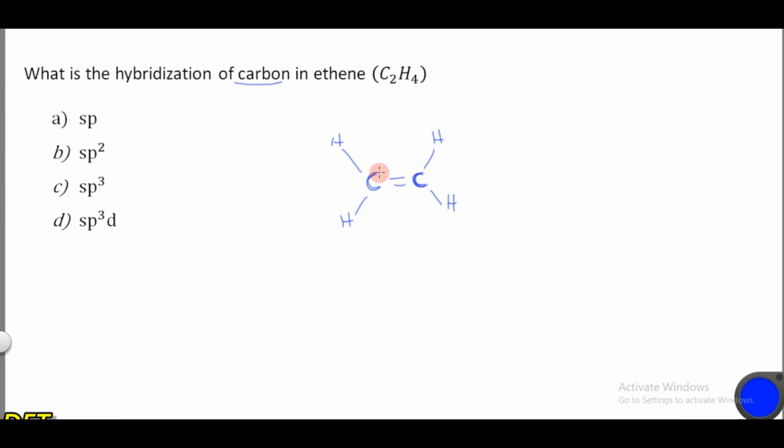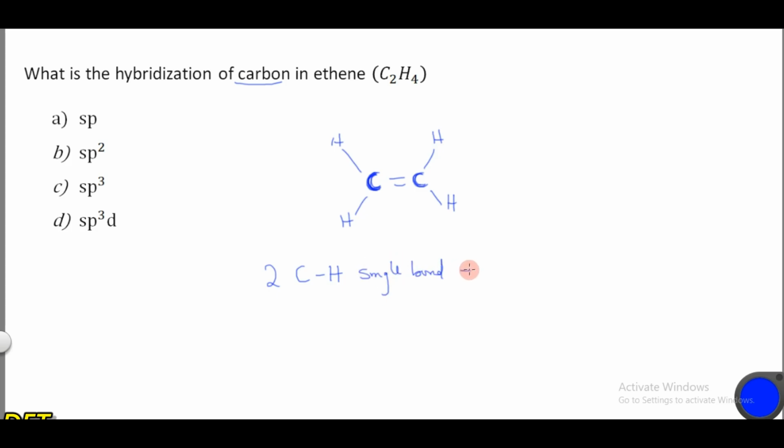If I go with this carbon, I will count the regions of electron density around this carbon. If we look at this carbon, there are two carbon to hydrogen single bonds.